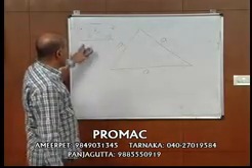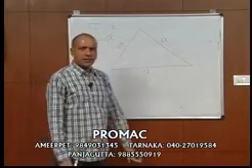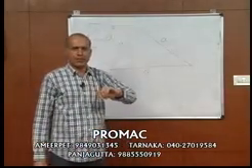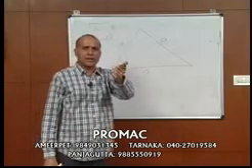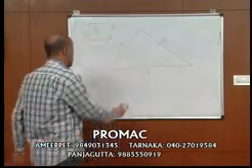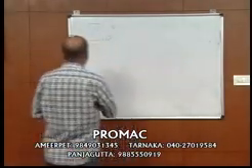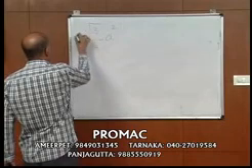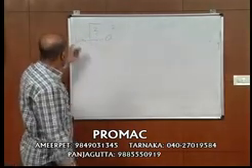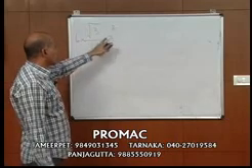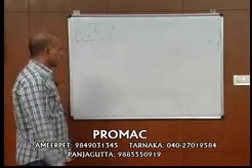Root 3 divided by 4 A square is the area of an equilateral triangle. A regular hexagon is 6 equilateral triangles. So what is the area of a regular hexagon with each side A? 6 multiplied with root 3 by 4 multiplied with A square.